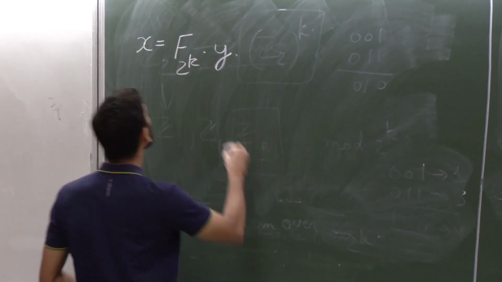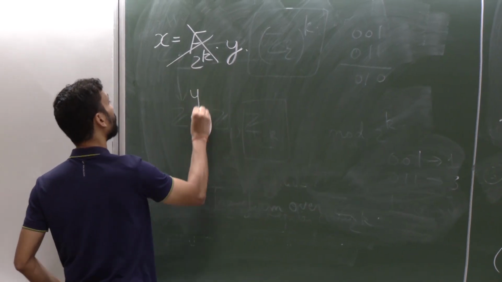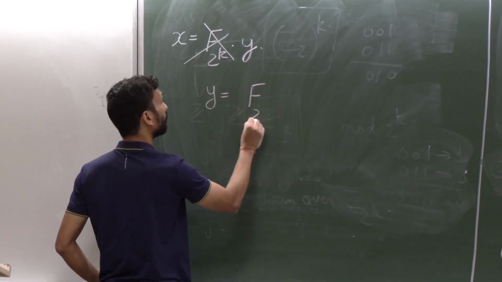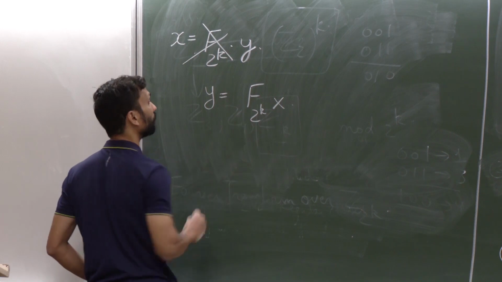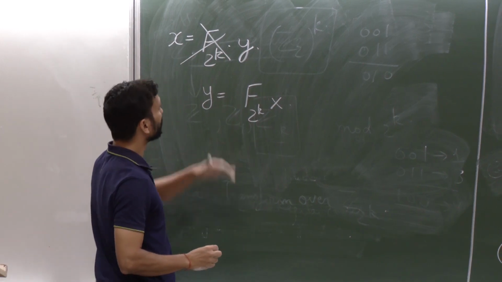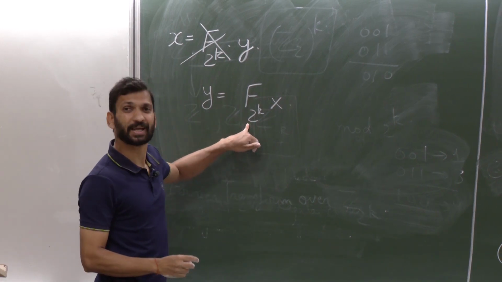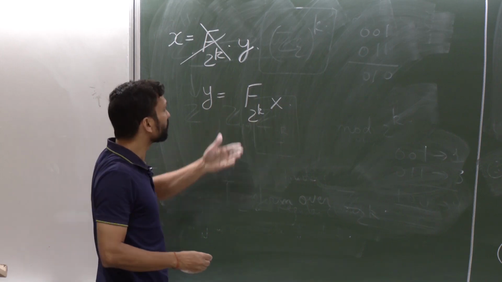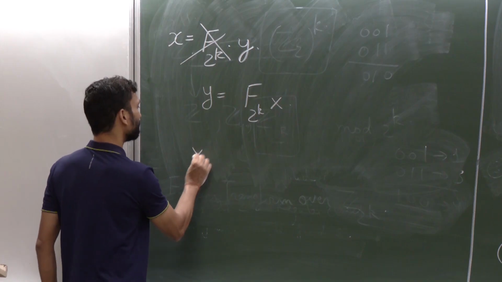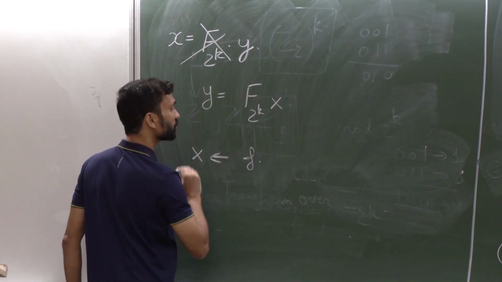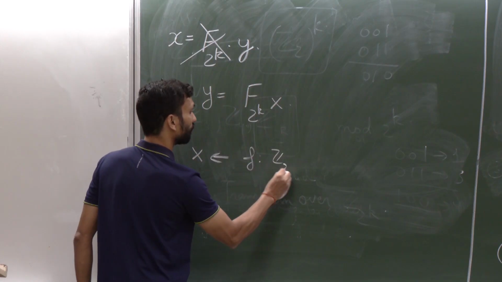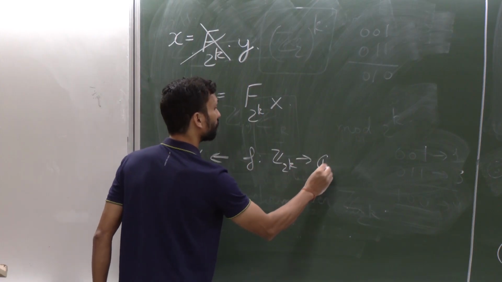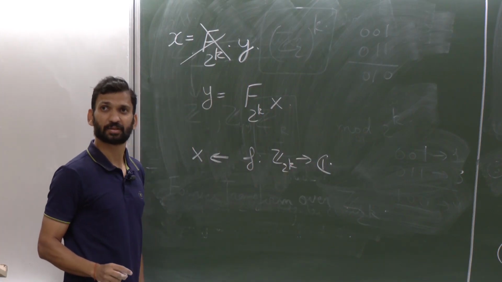Let me write it the other way. Okay, so I want to apply this matrix. But since this is a Fourier transform, what it means is that x is coming from a function like this, right?